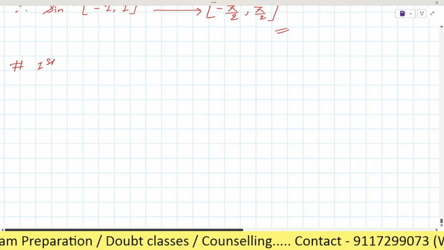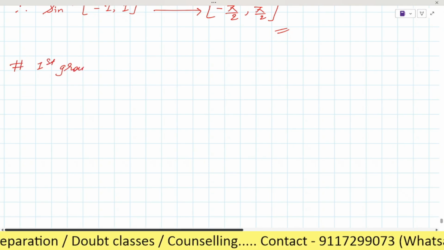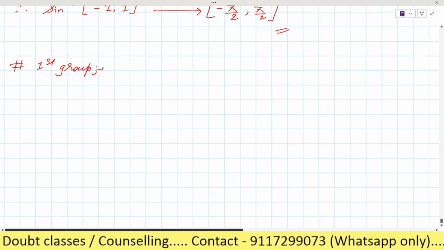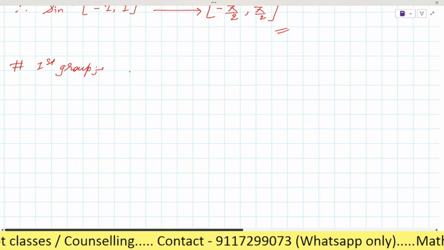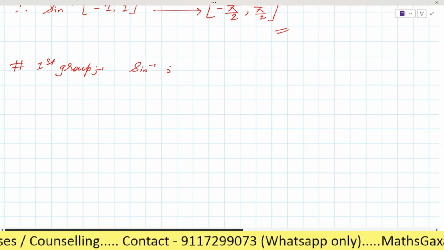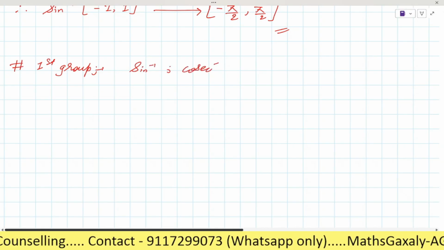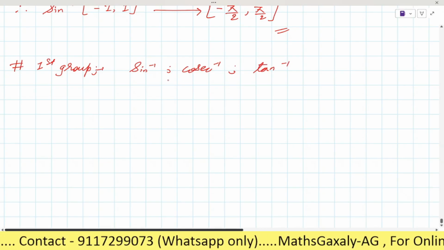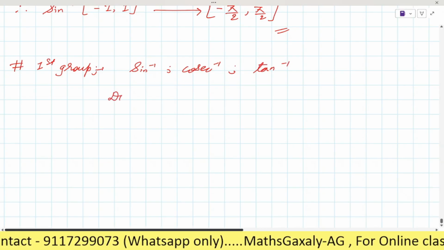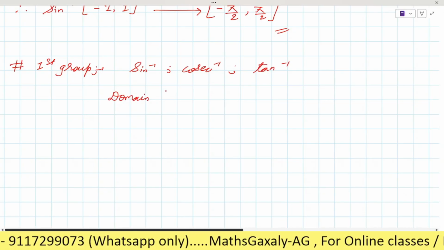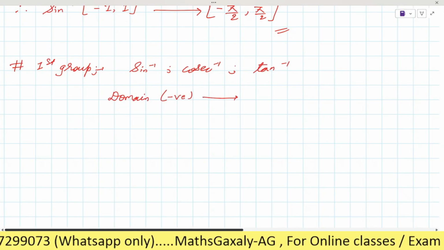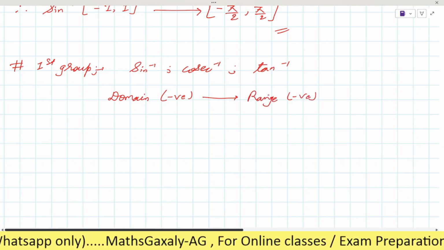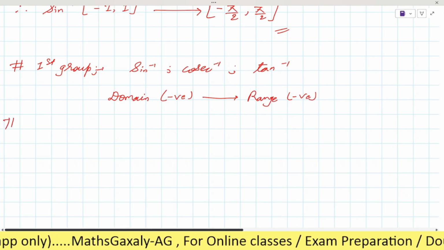The first group is sine inverse, cosec inverse, and tan inverse. For these three, domain will be negative and range will also be negative. Is it clear? Yeah, clear.